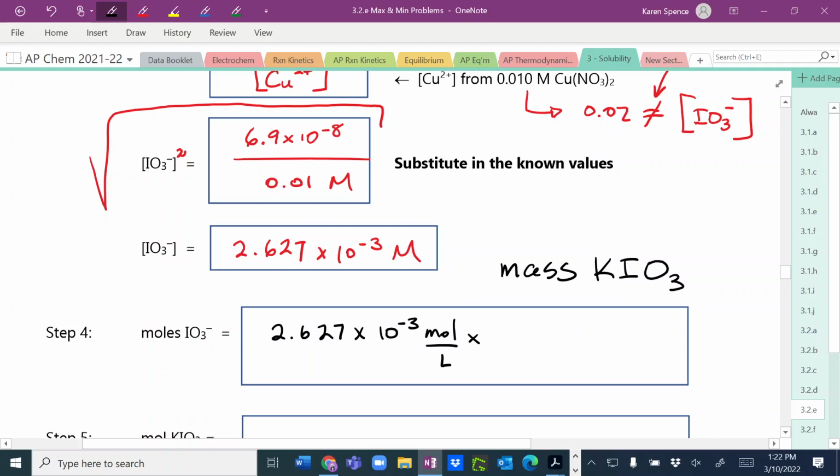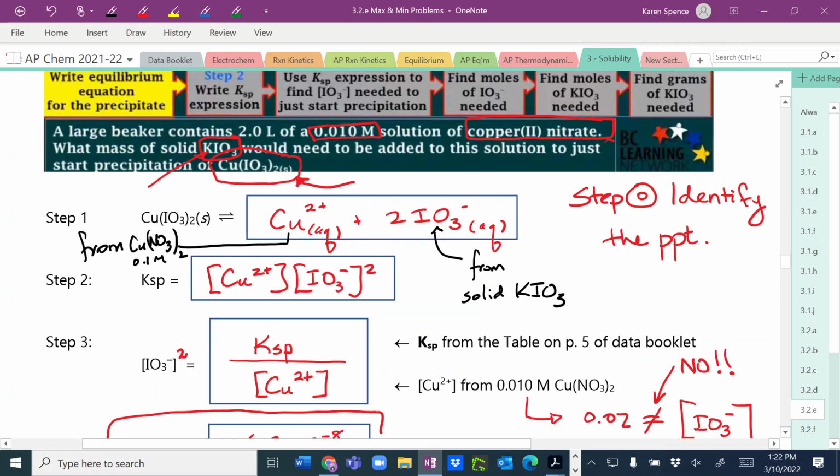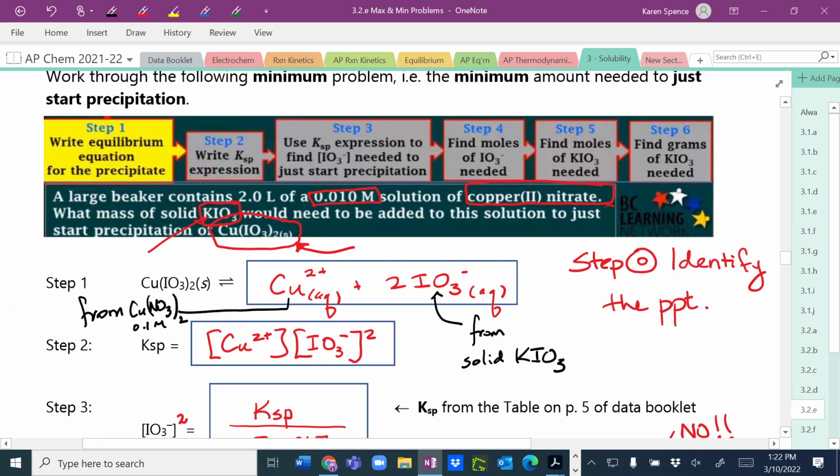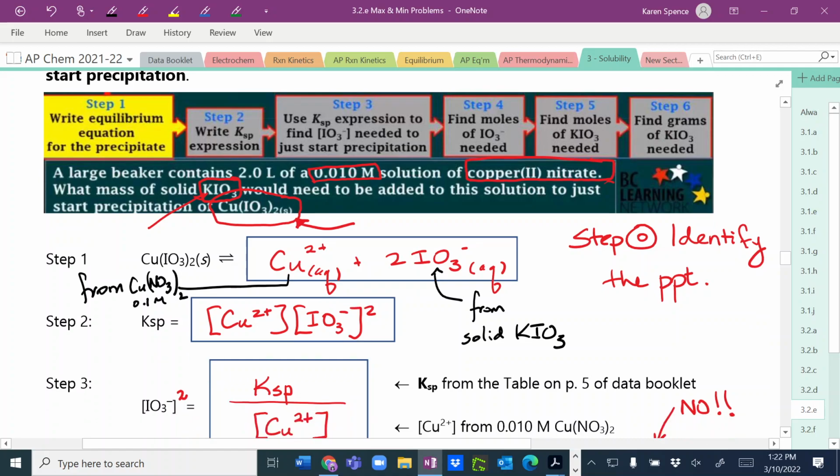What's our volume? It's the 2 liters, and normally they will often say, assume that the additional solid doesn't change the volume. Even if they don't say it, you can just make that assumption, because otherwise it makes the question impossible to do. Okay, so it's still 2 liters.